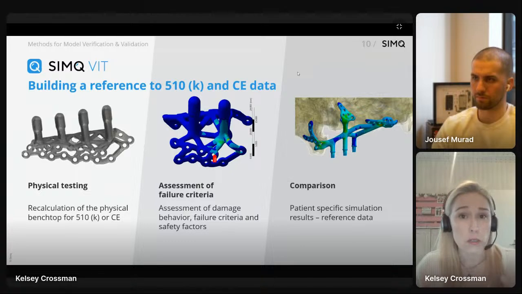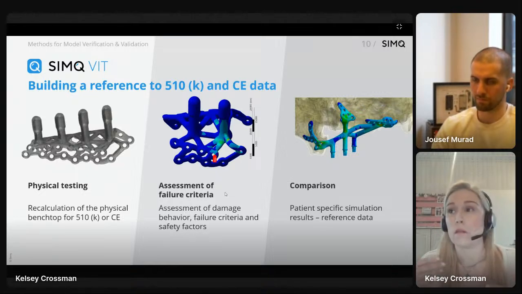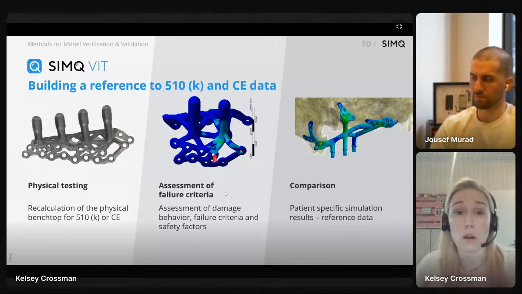Those tests were measured, benchtop testing, and compared with the data, the assessment of the failure criteria. That data, for example, if this implant was titanium 2-3. Surgical steel, other titanium grades, and other materials have long been used in other industries such as the aviation industry and defense industry.